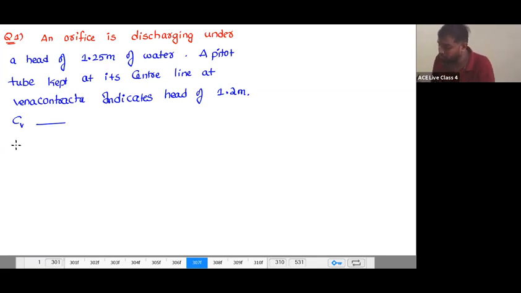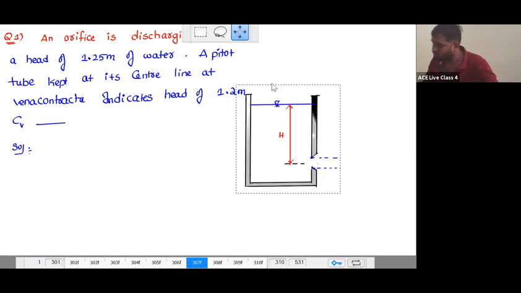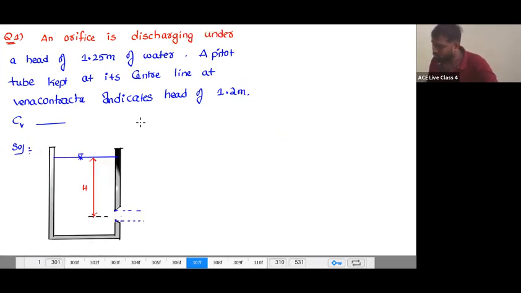Now, solution is, you see the figure again. This is vena contracta. So at the vena contracta, I kept a pitot tube. What is meant by pitot tube, sir? The meaning of a pitot tube is to measure the velocity.